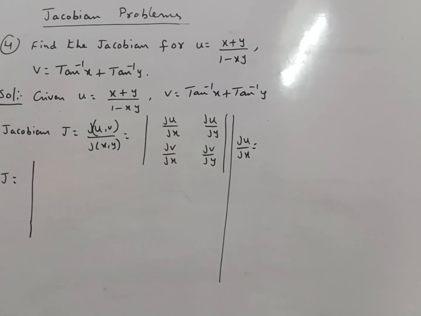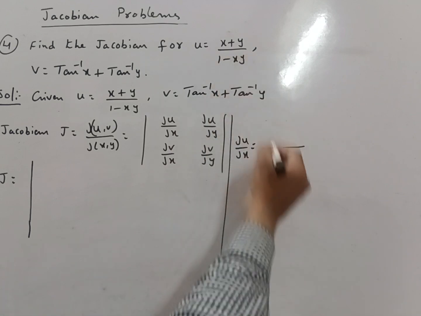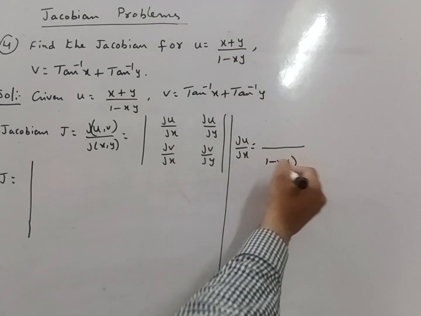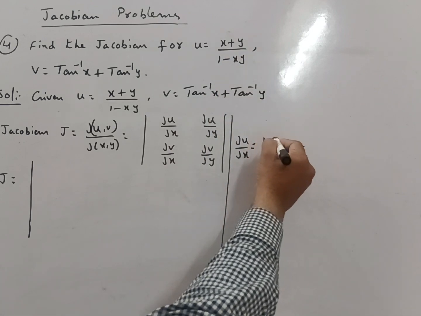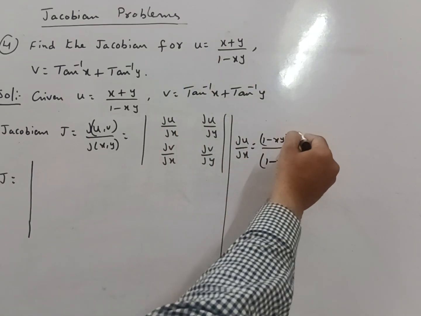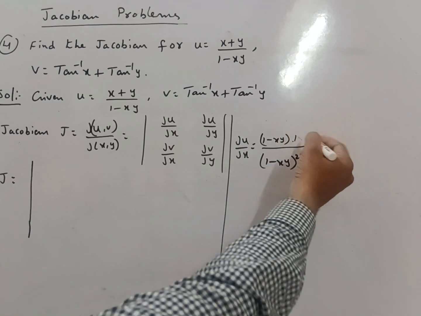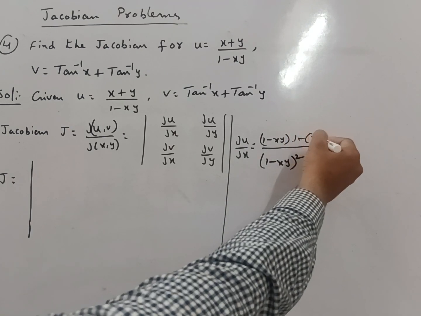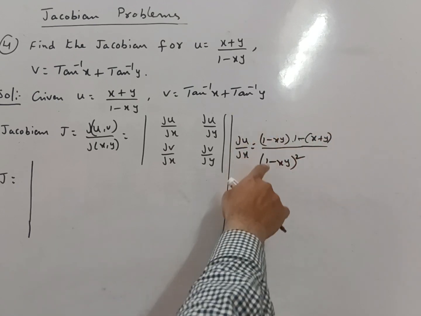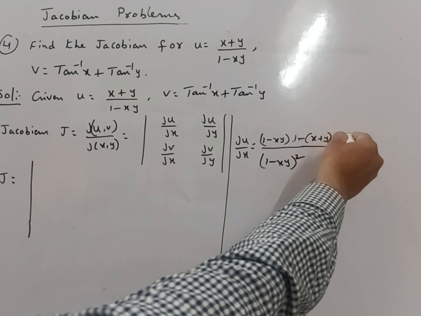What do we get here? Dou u by dou x, u by v formula, right? v square, (1 minus xy) whole square, v, that is (1 minus xy), into the differentiation of u. u is x plus y, so differentiation is 1, minus (x plus y) into the differentiation of (1 minus xy). 1 is 0, x is 1, I get minus y.